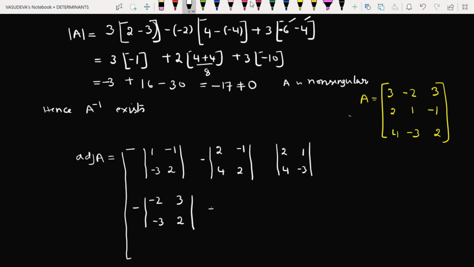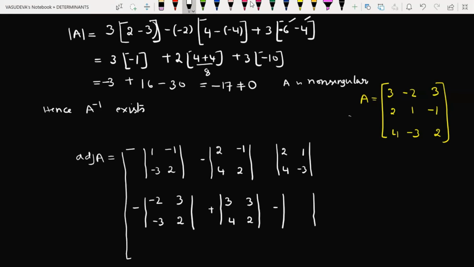and this is plus the determinant of the cofactor of 1. Cofactor of 1 is, by eliminating the second row and the second column, the remaining elements 3, 3, 4, 2. Minus, we are taking the sign, important here.